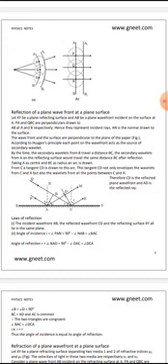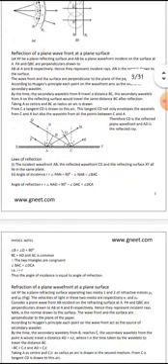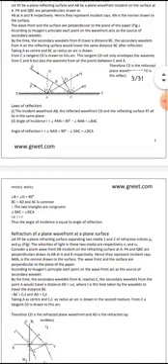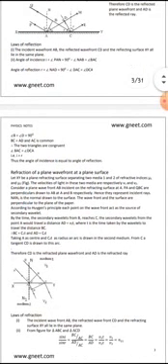So angle of reflection r is equal to 90 degrees minus angle BAC, which is equal to angle DCA. Therefore angle B is equal to angle D, which is 90 degrees. So BC is equal to AD, and AC is common. Therefore the two triangles are congruent, angle BAC and angle DAC are equal, thus the angle of incidence is equal to the angle of reflection. Hence we have proved it.